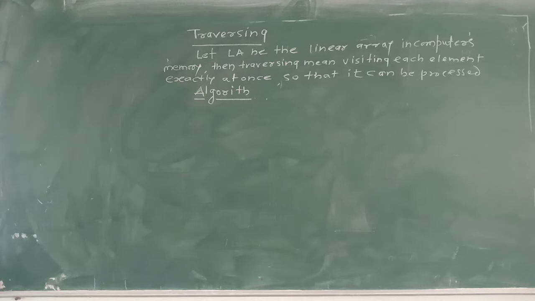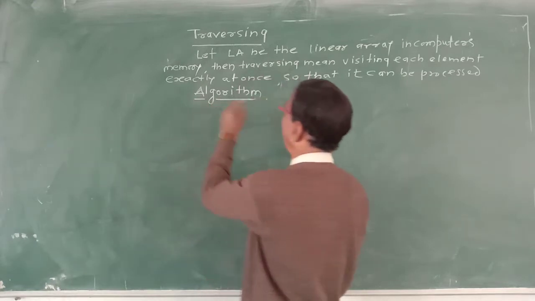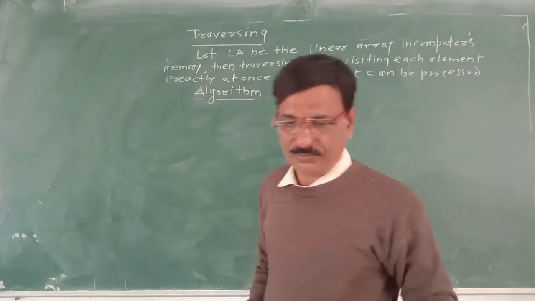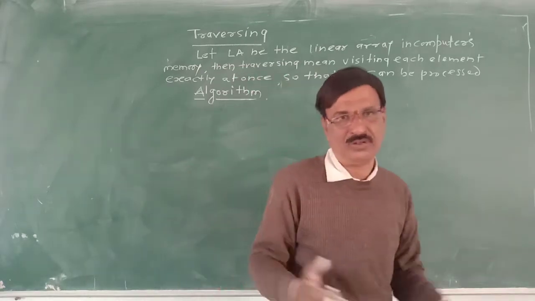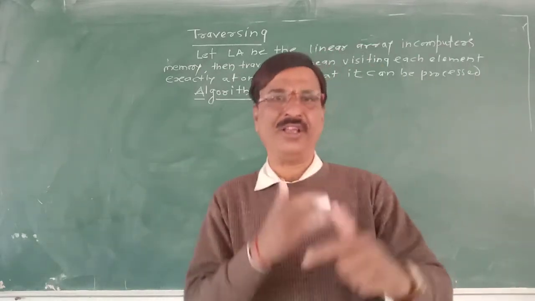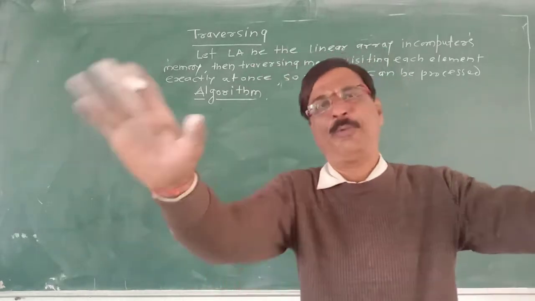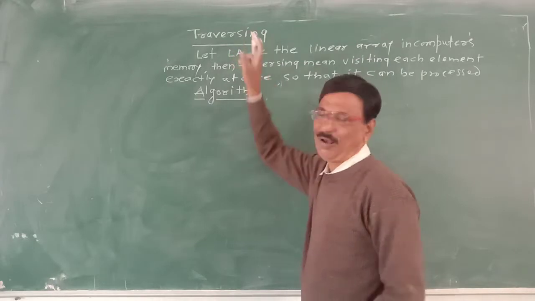We know that an algorithm is a set of well-defined instructions to carry out a certain operation. What is the operation? The operation is traversing.